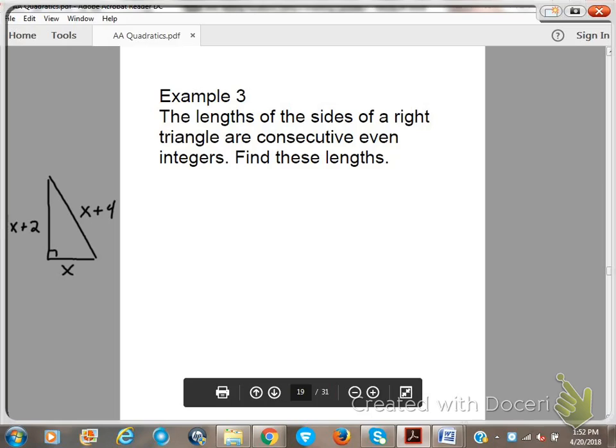Sound familiar? Yeah. Okay, so if we're dealing with the idea that a squared plus b squared equals c squared, what's in the a spot? X, so x squared, plus what's in the b spot? Squared, and then what's in the c spot? Good. All right, so Mr. Lewis, you had the right idea, it's just that they all have b squared.